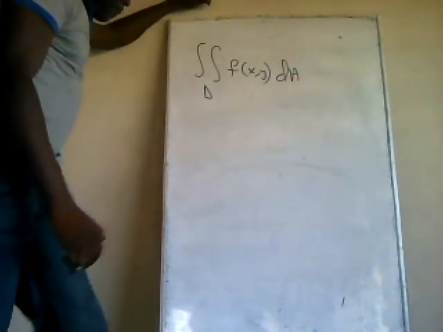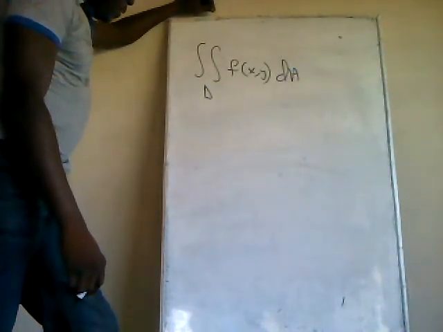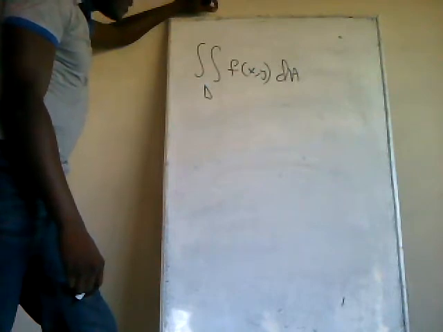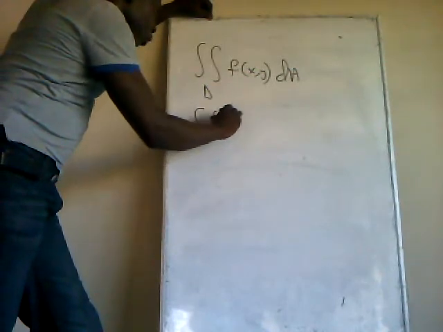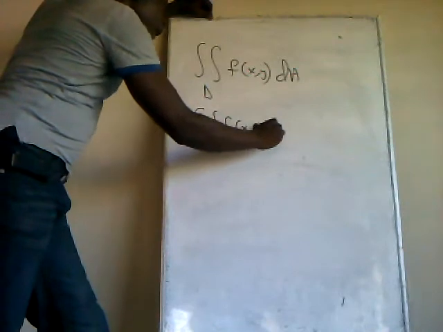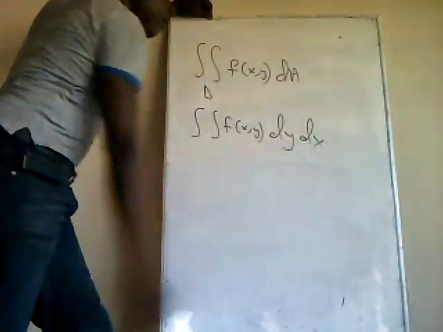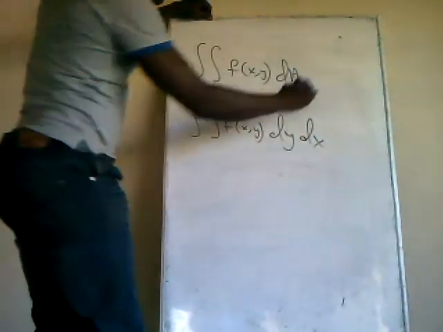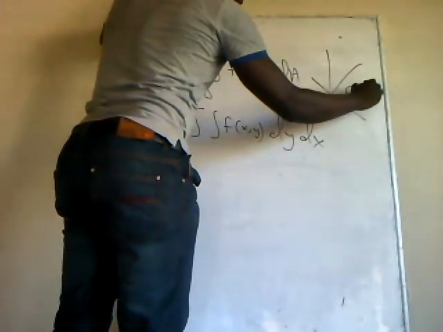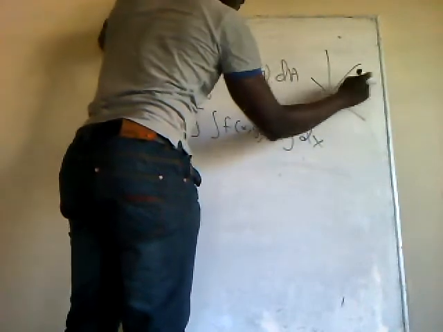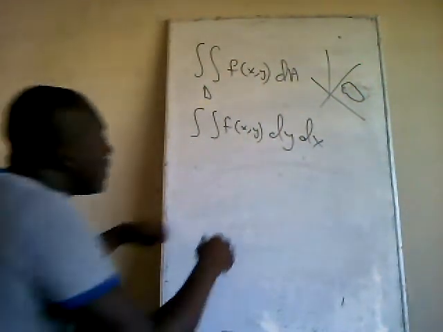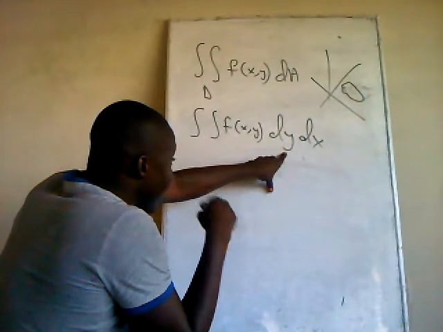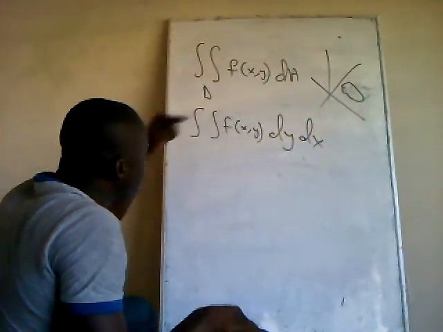If it's a general region, remember, general region means that it is not a rectangle. Now, if I decide to integrate with respect to y before x, then the inner limits must be functions of x.